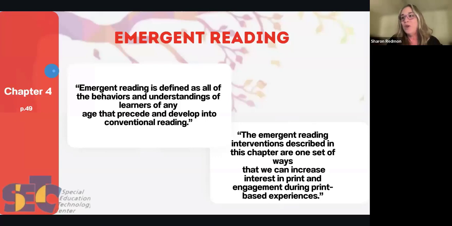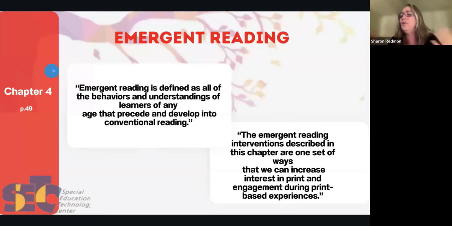And I'm looking at creating some modules for SETC and for older learners. We have lots of examples of Brown Bear for emergent reading, right? We know how to do that.